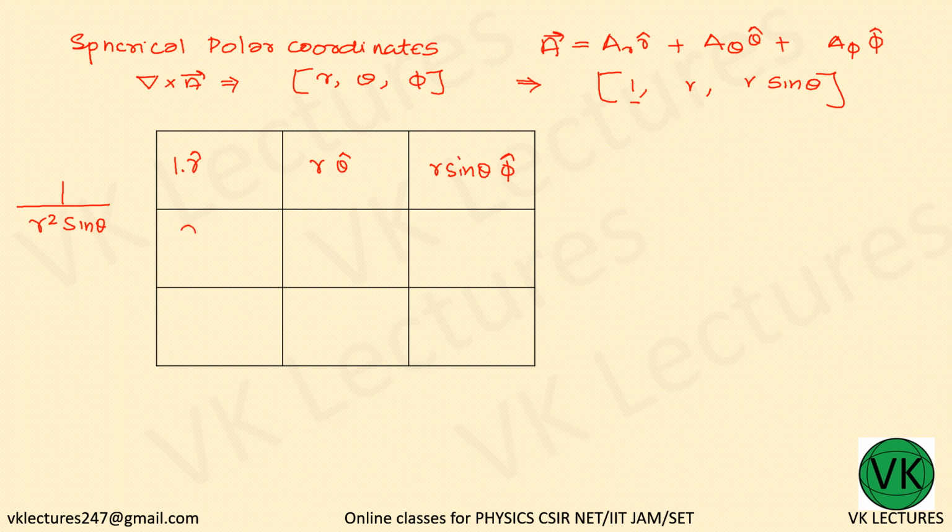Now this is dou by dou r, dou by dou theta, dou by dou phi, and here you have 1 into A r, here we have r into A theta and r sin theta into A phi.